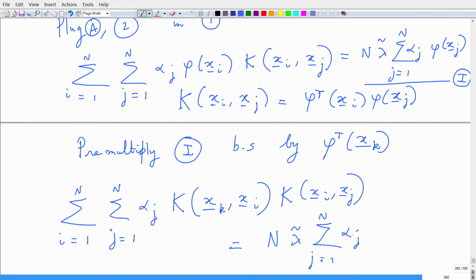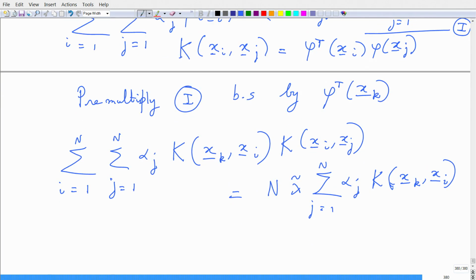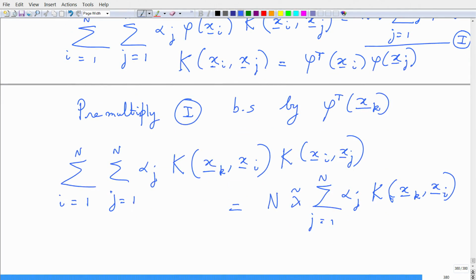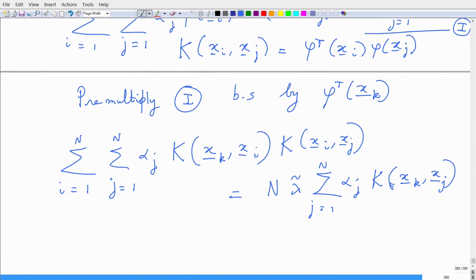This phi of xj times phi transpose xk gives me the kernel acting on xk and xj. Yeah, I missed the j here; I put the i instead of j, so we make it xk and xj. Okay, this is consistent.